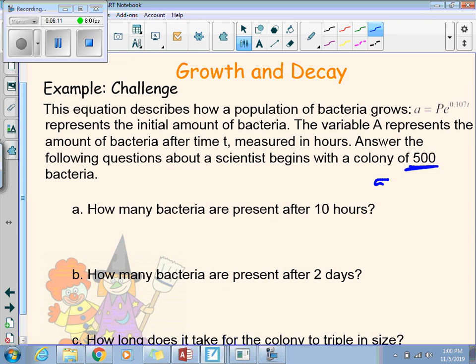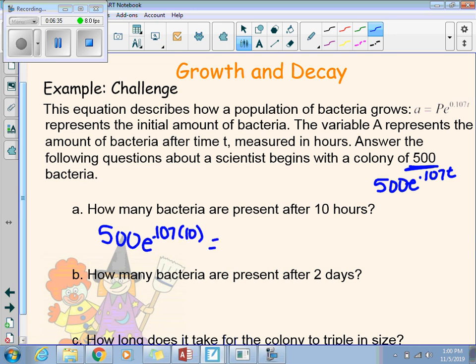So we've got 500e to the 0.107t as our equation. So how many bacteria are present after 10 hours? We're just going to take that and plug 10 hours in. So 500e to the 0.107 times 10.